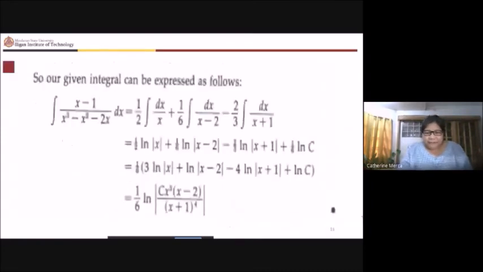Ito. 1/2 ln of x plus 1/6 ln of x minus 2 minus 2/3 ln of x plus 1 plus 1/6 ln of c. Saan ang galing? Kasi yung is ito dito, hanggang dito, yan. That is supposed to be the answer for yung sa tatlo. Yung 1/6 ln of c was because of the fact that constant lang naman ito, no?